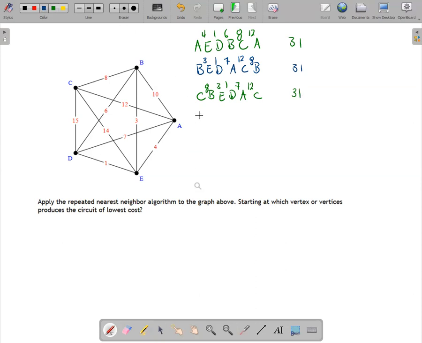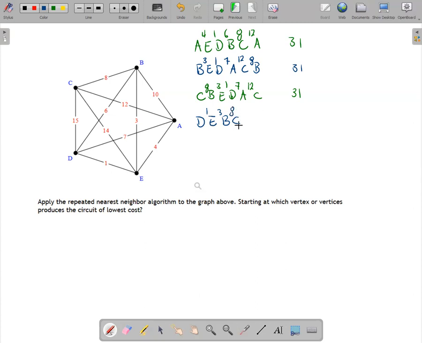All right, so next, starting at D to E, love that 1 there. And then from E, 3 to B is cheapest. From B, we can't go to D or E, so it's going to be C or A. So we're going to choose C, 8.